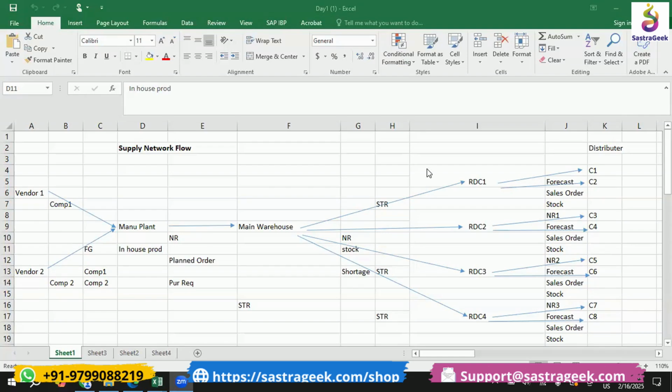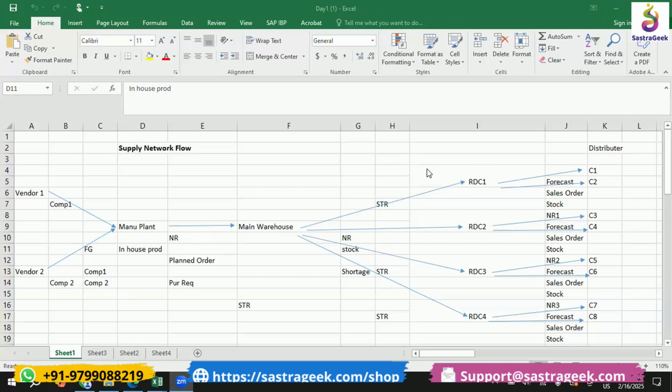Give a signal to the manufacturing plant to produce it, or to the warehouse to ship the additional goods, and accordingly fulfill the demand. So there are different strategies, but those, Satish, are based on the actual execution situations.